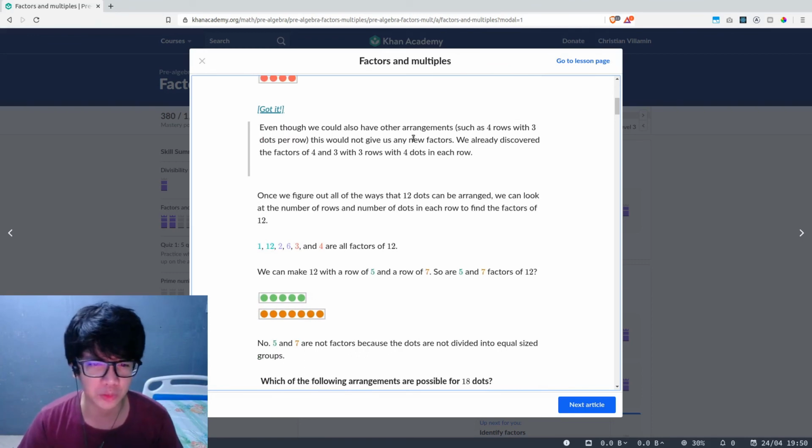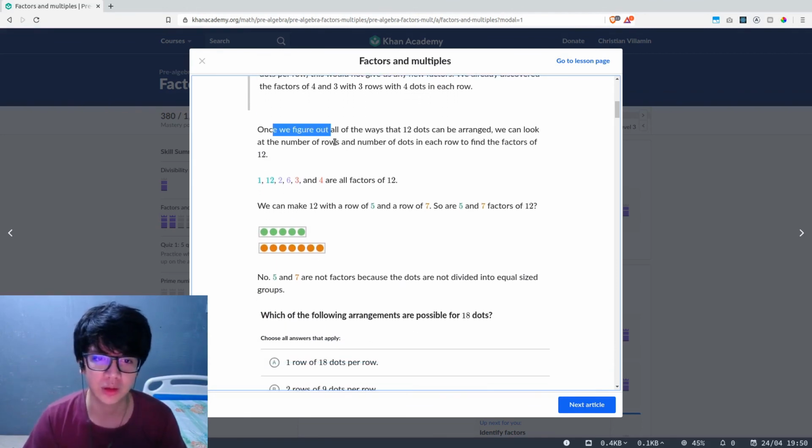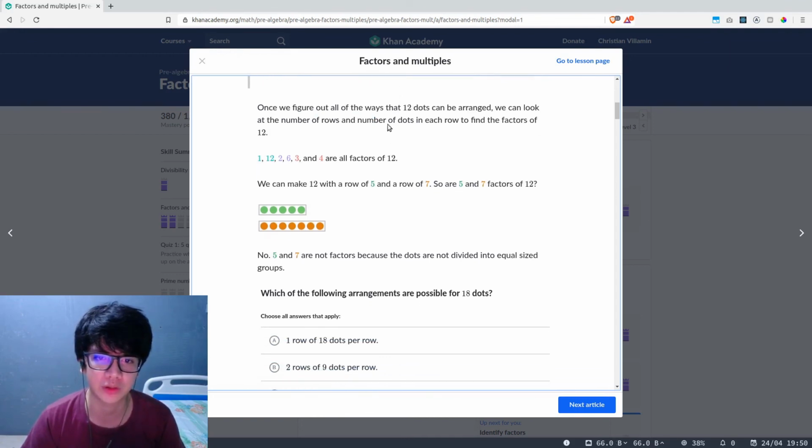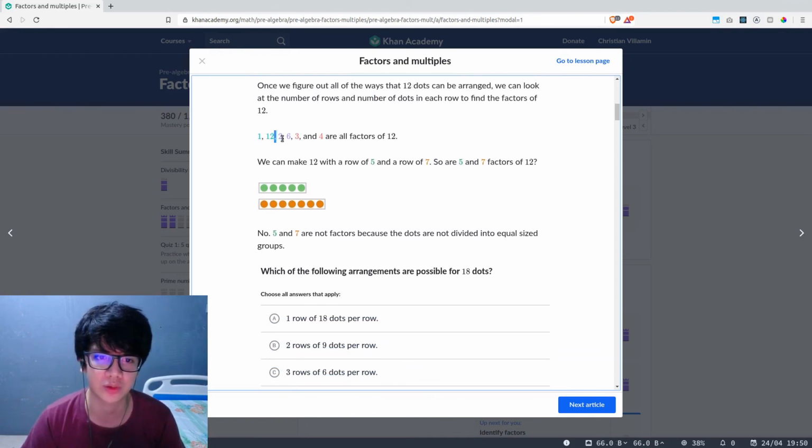So there's 4 rows with 3 dots. We already discovered the factors of 3 with 3 rows. Once we've figured out all the ways that we can arrange them, we can look at the number of rows and the number of dots in each row with the factors of 12.